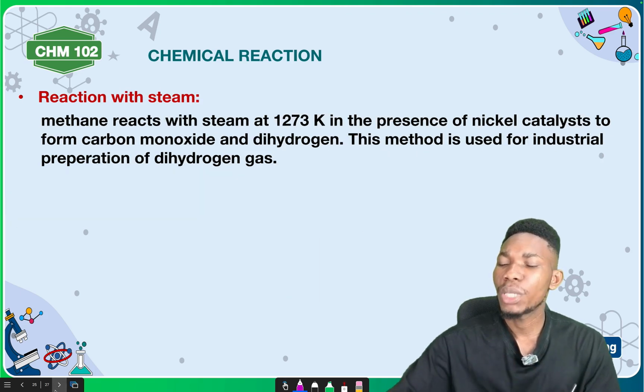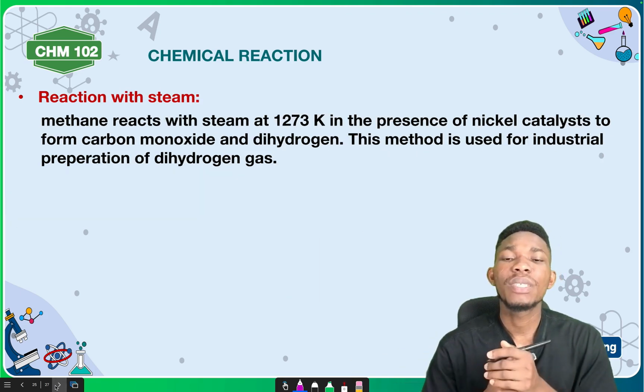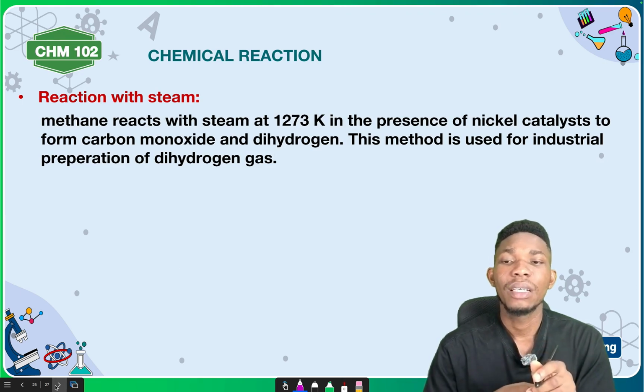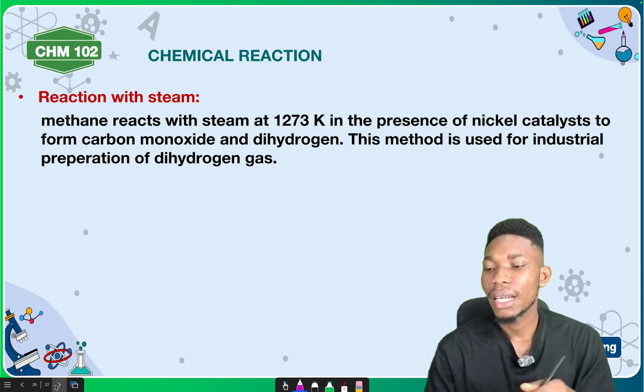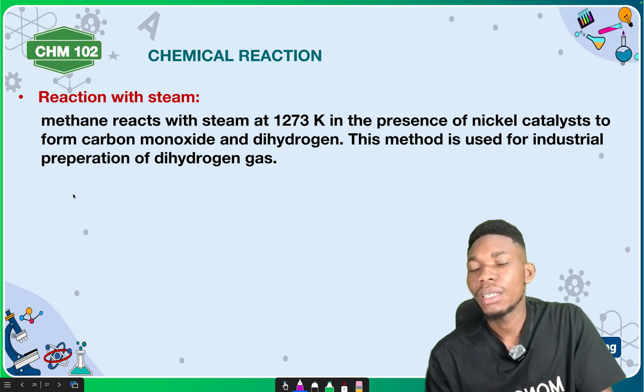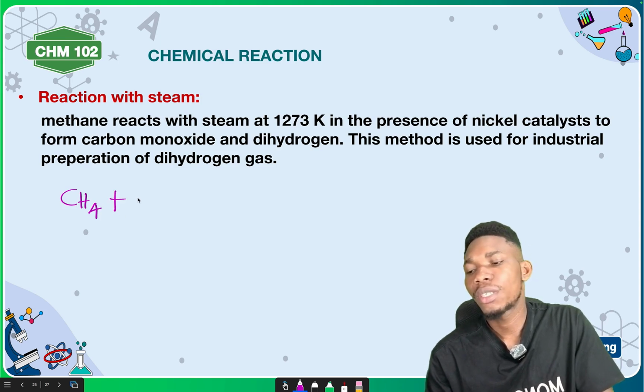Then reactions with steam. Now, methane reacts with steam. This is just for methane. Are you getting it? To form carbon monoxide and hydrogen. This method is used for the industrial preparation of hydrogen gas. What we are trying to tell you is you have CH4 plus steam. Steam is H2O, but gaseous H2O.